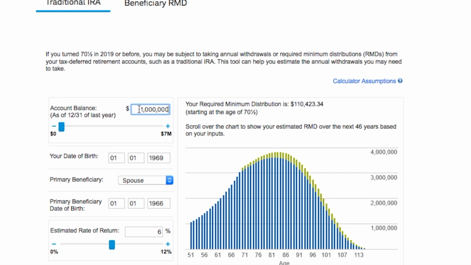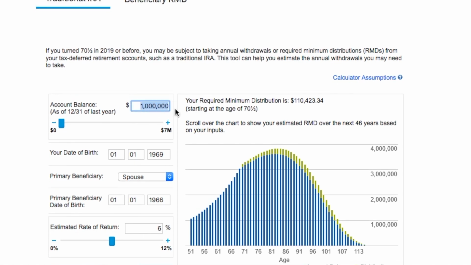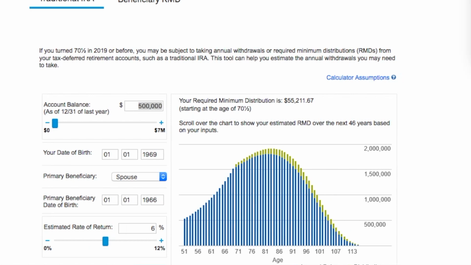This is why we say maybe we don't want to have that. Maybe we have a $1 million portfolio, but maybe we only have 500,000 of it in tax deferred. Think about where you save your money. Right now, because we're in a low tax bracket, might be a good time to think about putting money into a Roth 401k. And certainly think about always maxing out that Roth, you guys, because it's tax-free.